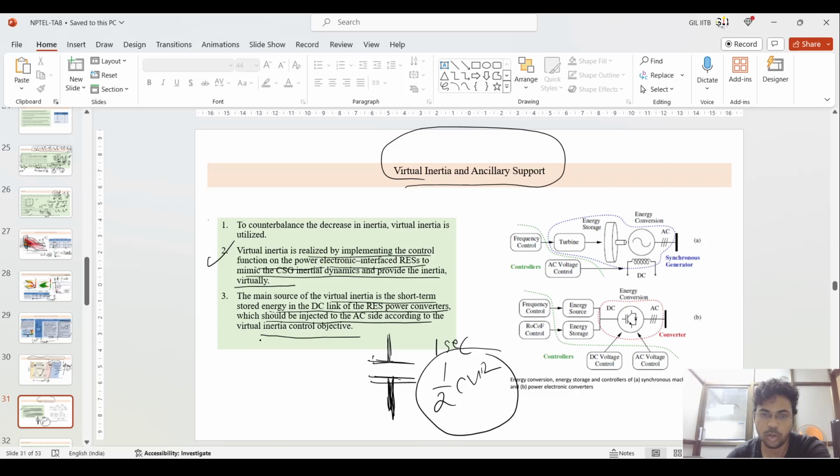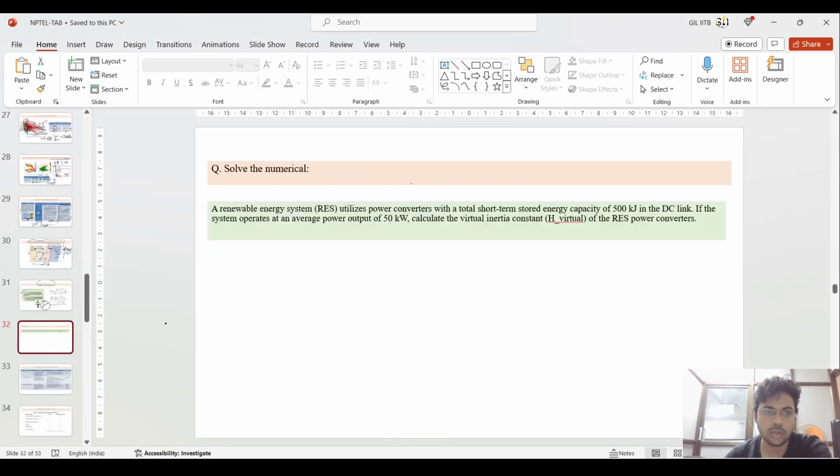So this is the dynamics. For utilizing this dynamics, it is also important that your control strategy should change. What control strategy you utilize depends upon your features, where you are implementing it, that is, where you are providing the initial support from. Coming to an example related to this DC link, I have given one question.